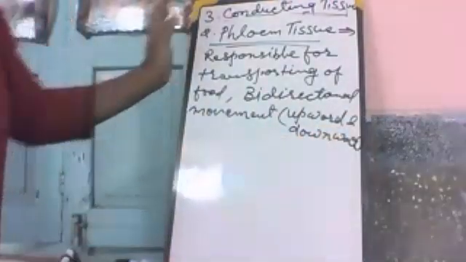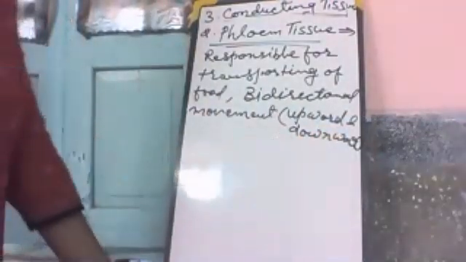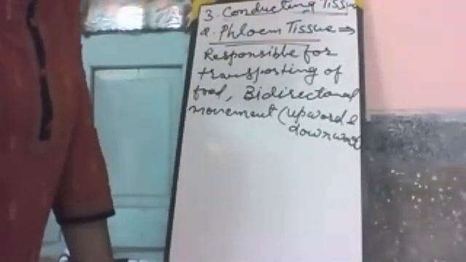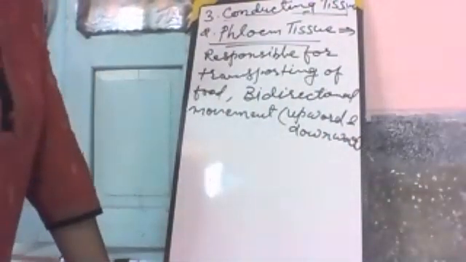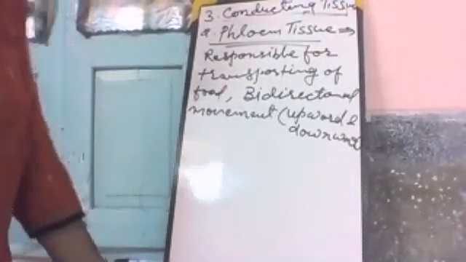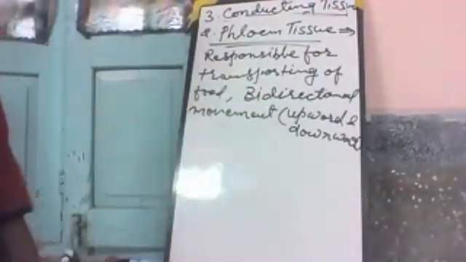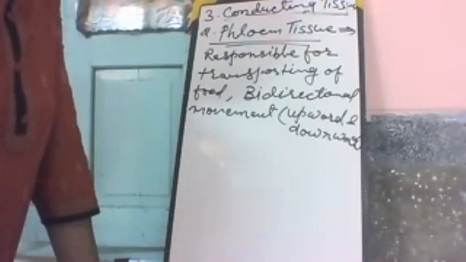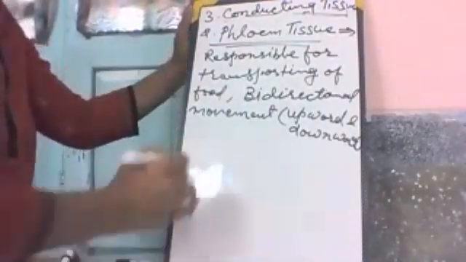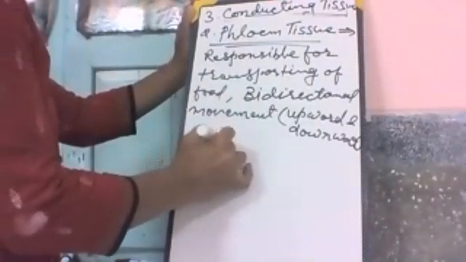They have both types of movement. They take the food to the roots and to the tip of the plant. So both types of movement can be seen in this tissue. Again, it consists of four types of cells.